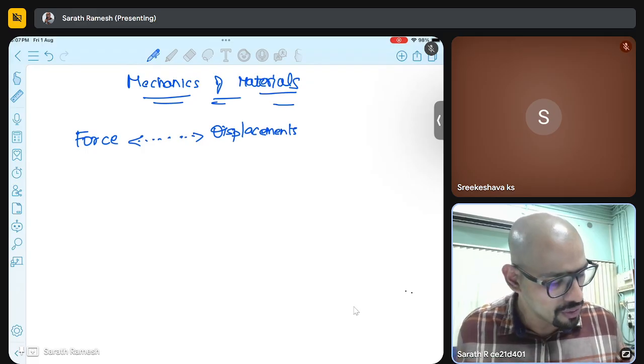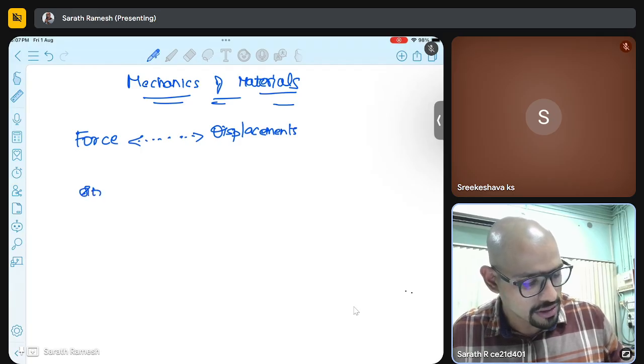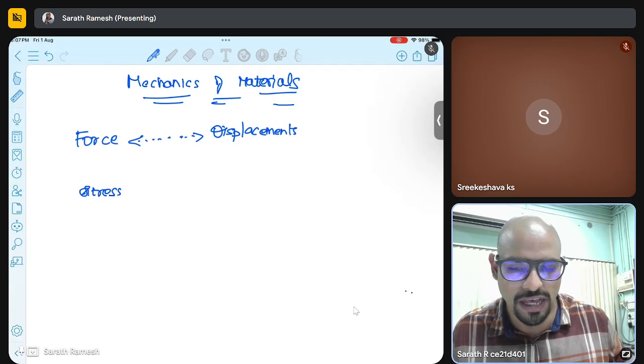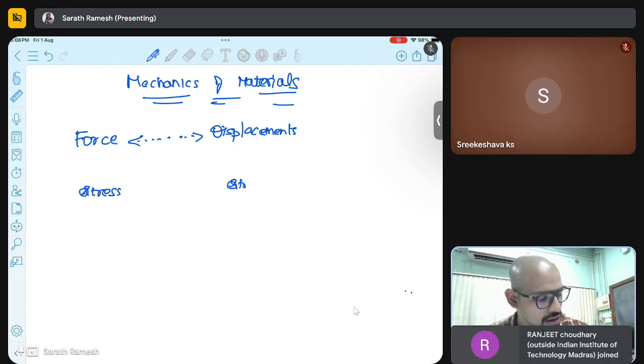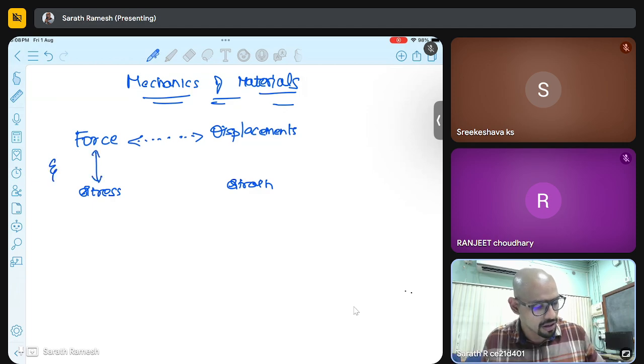So what we do is convert force into stress and displacements into strain. The relation between force and stress we call the equilibrium equation.